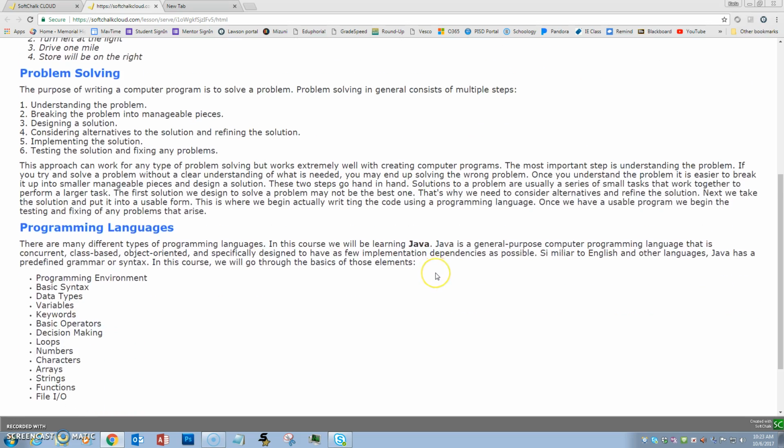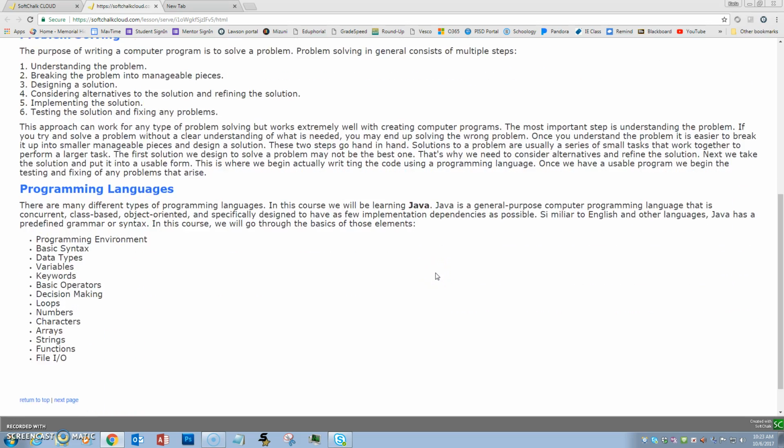Now there are many different types of programming languages, like I said before, but in this course we're going to be learning Java. Java is a general purpose computer programming language that is concurrent, class-based, object-oriented, and specifically designed to have as few implementation dependencies as possible, which means it's platform independent.